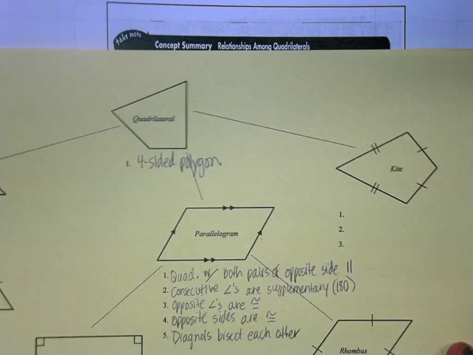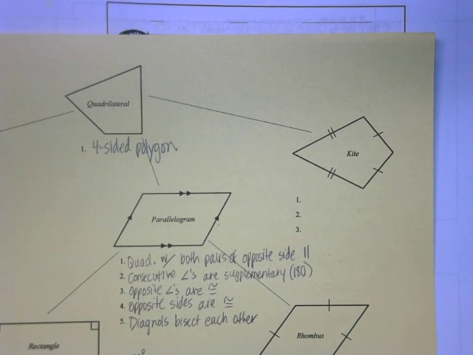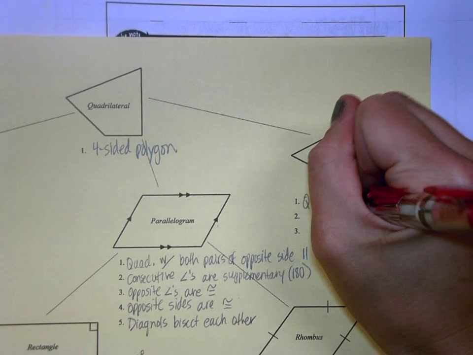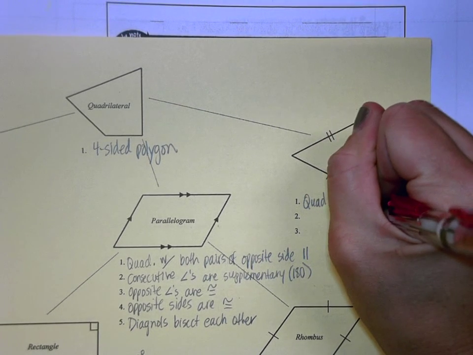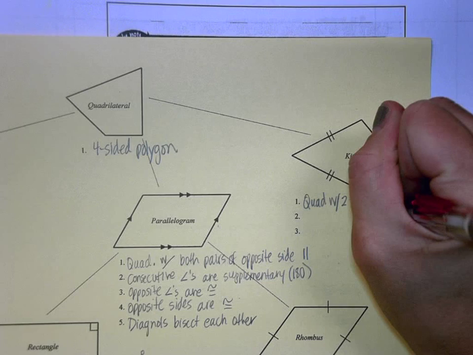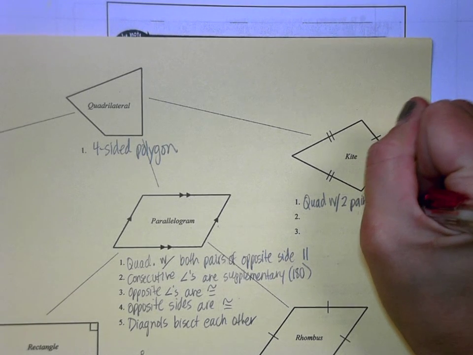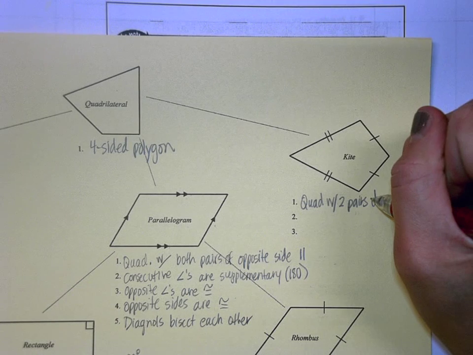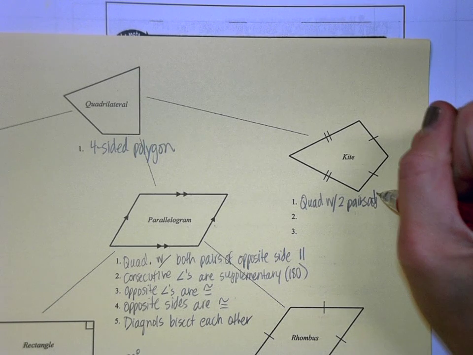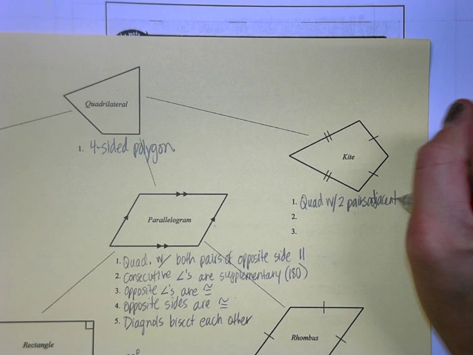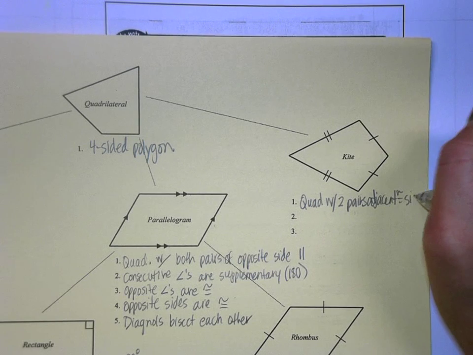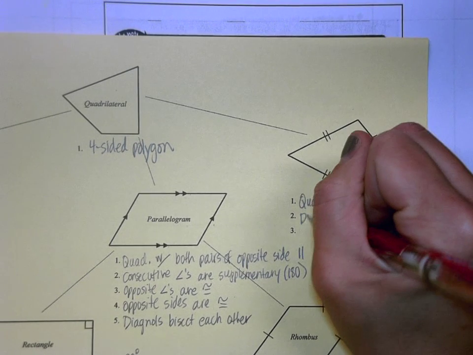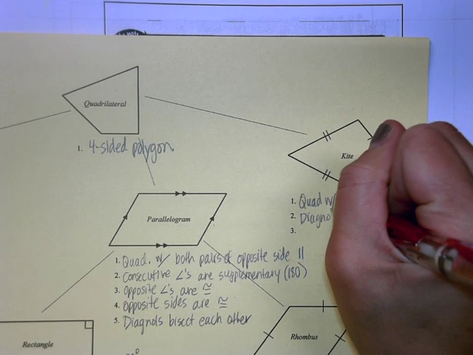Okay, moving over to a kite. If you were to look that up, this one is a quadrilateral with 2 pairs of adjacent congruent sides. The second thing is that diagonals are perpendicular.